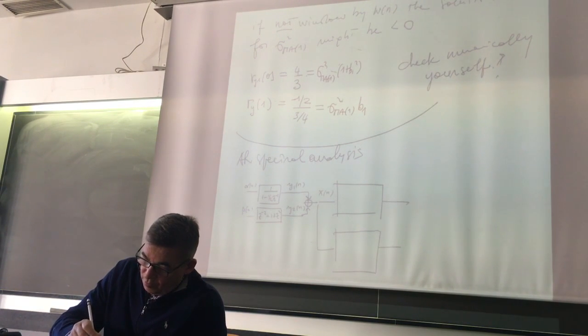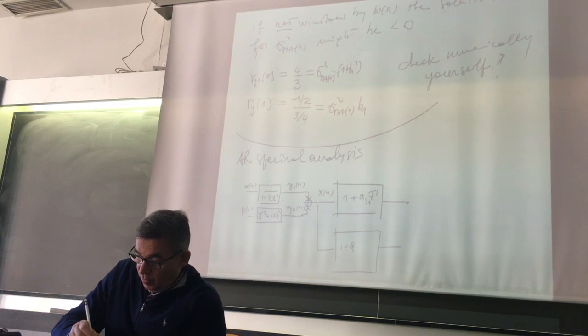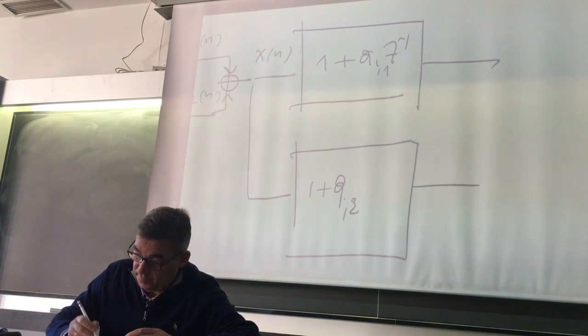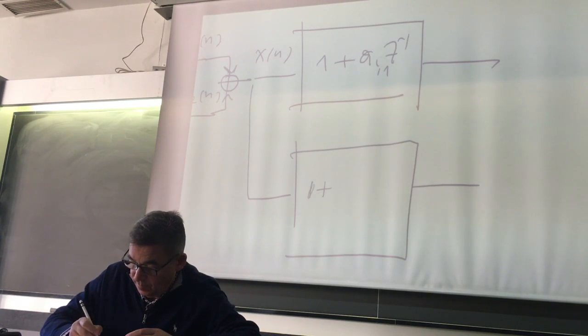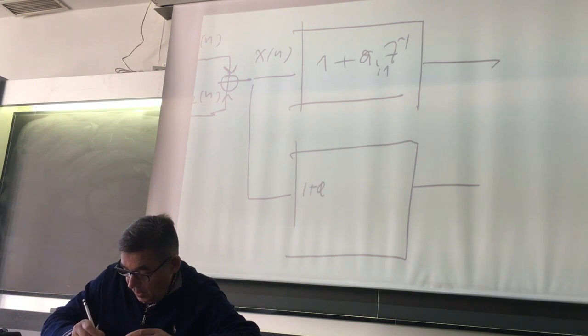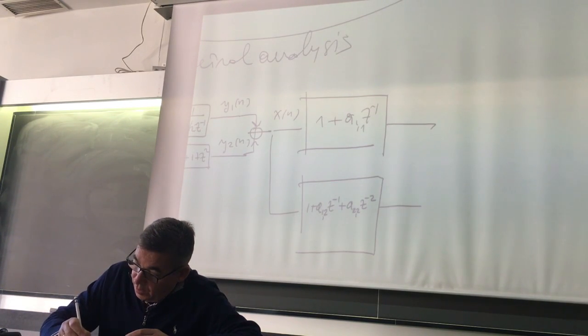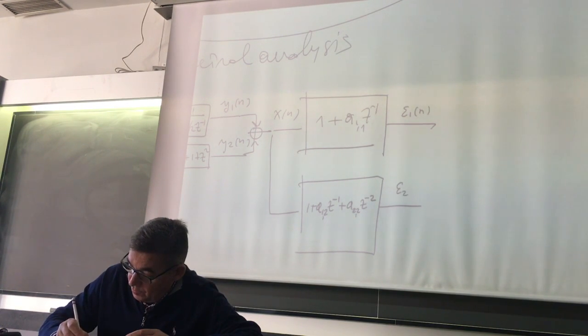This is 1 plus A11 Z minus 1, or 1 plus A12 Z minus 1 plus A22 Z minus 2. And here I have epsilon 1 n and epsilon 2 n.